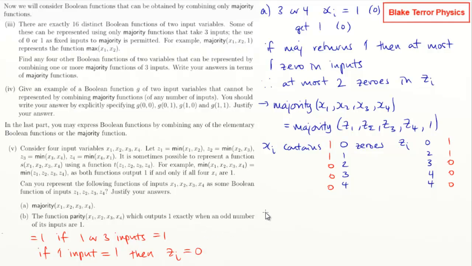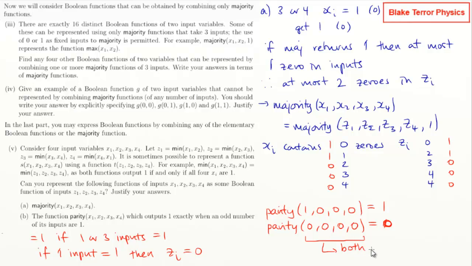So parity, right, parity. Say we add 1, 0, 0, 0, that is equal to 1. And parity of 0, 0, 0, 0 would be equal to 0. So those things need to be different. But if we've got these two x values, these two sets, both sets give z_i equal to 0.